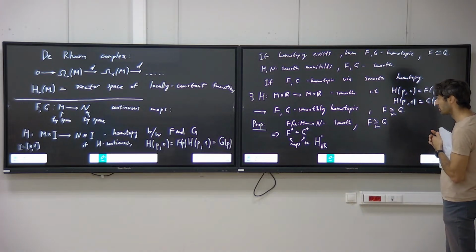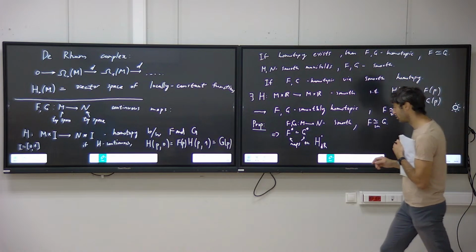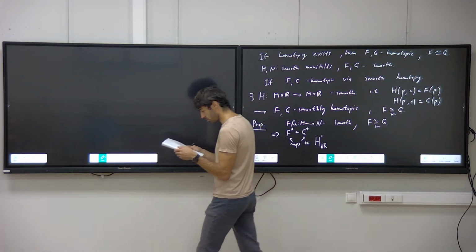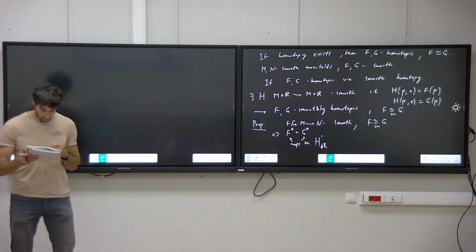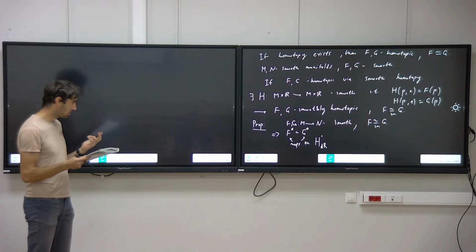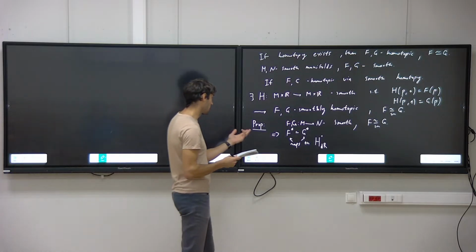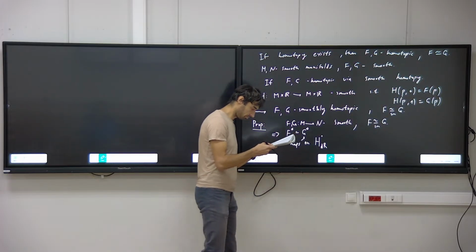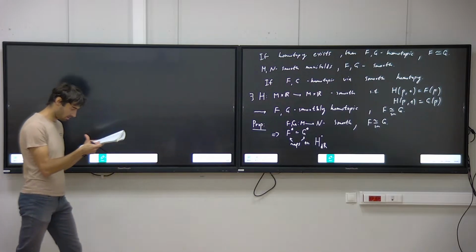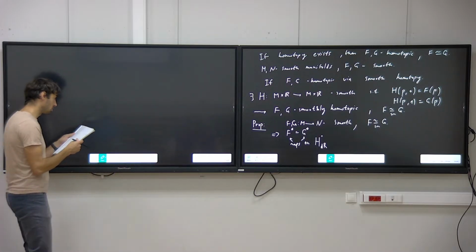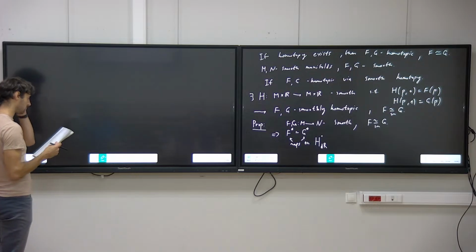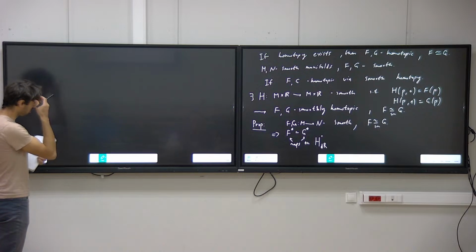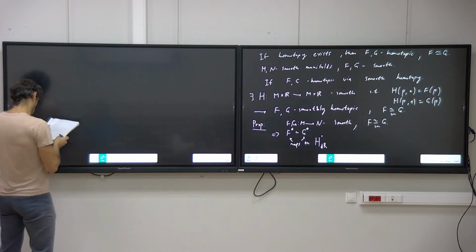Okay, so let us see the idea of the proof of this. Usually when you try to prove that two maps induce the same map on homology, there's a standard construction.